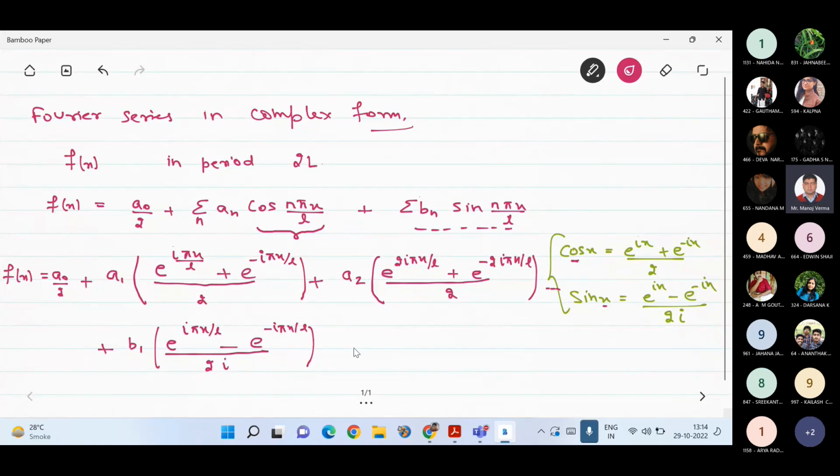Similarly, for the second term, it will be b2 times e raised to the power 2i pi x by L minus e raised to the power minus 2i pi x by L divided by 2i, right?